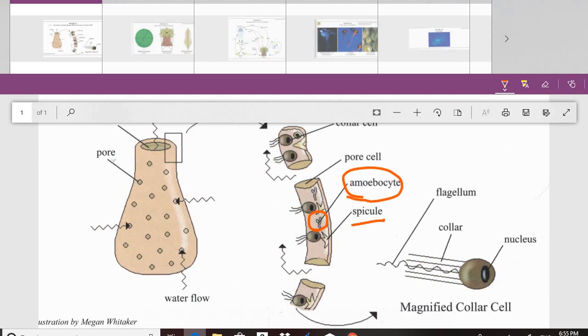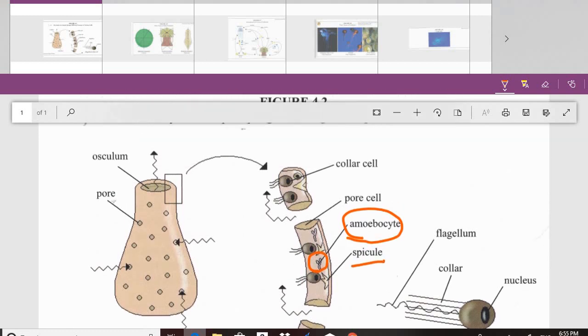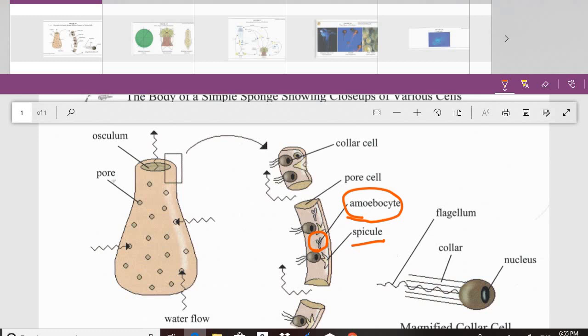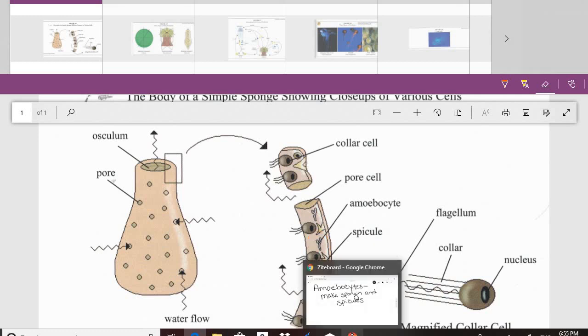Here's a spicule, and I don't think they show a spongin. So that is an important cell type for the structure of a sponge.